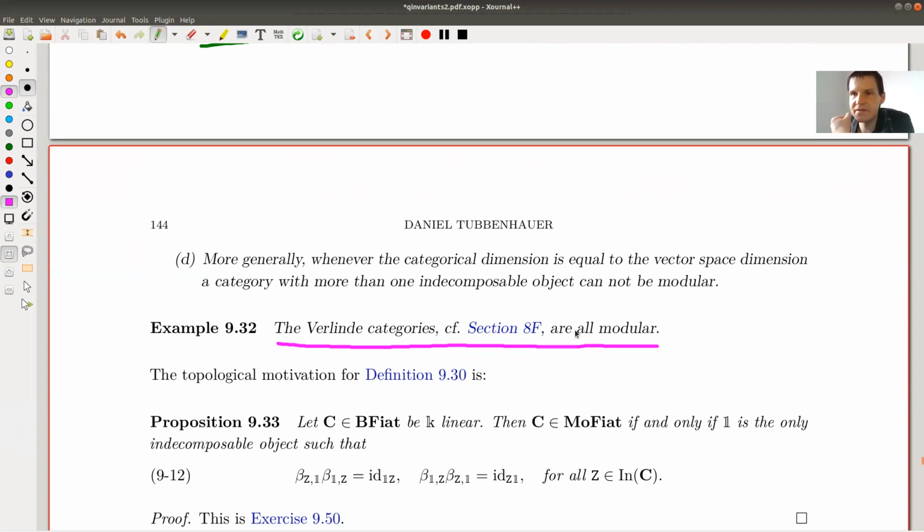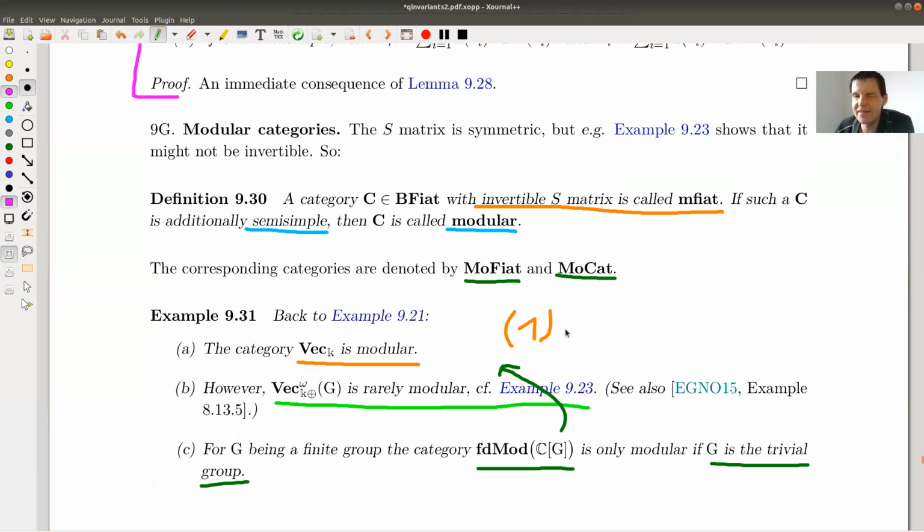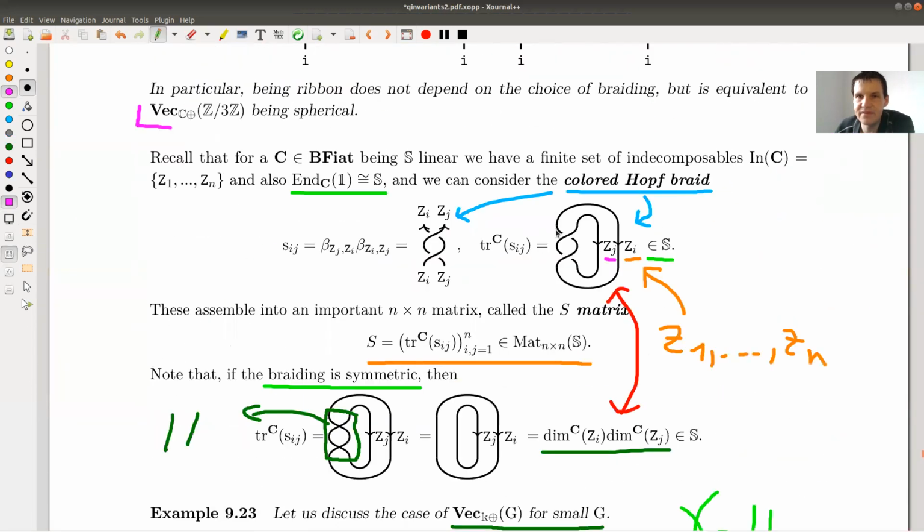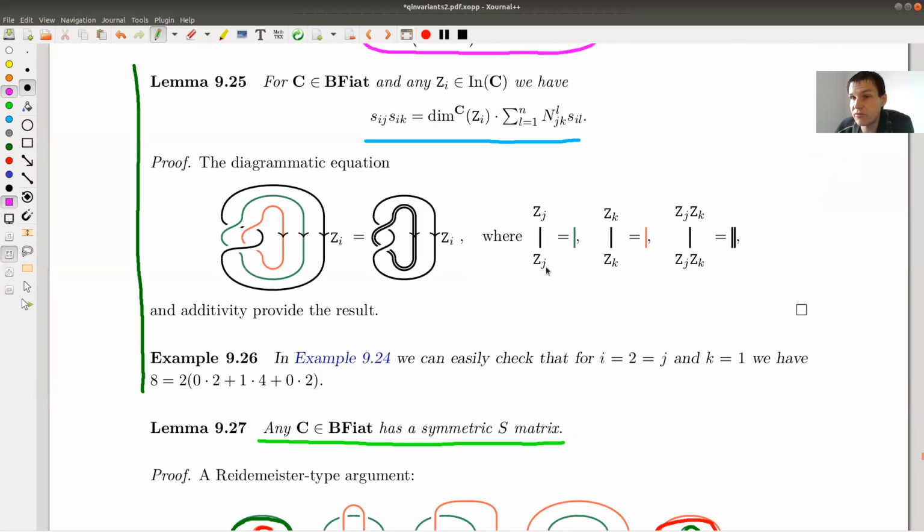Okay, so this is the key example. Modular is kind of the right notion to distinguish the topologically boring categories from the topologically interesting ones. It's all hidden in this invertibility of the S matrix, because the S matrix, I say it again, is just the measure for the braiding to be non-trivial.